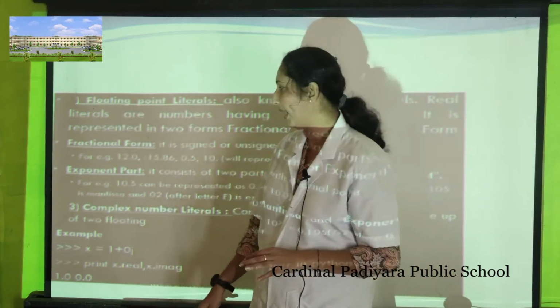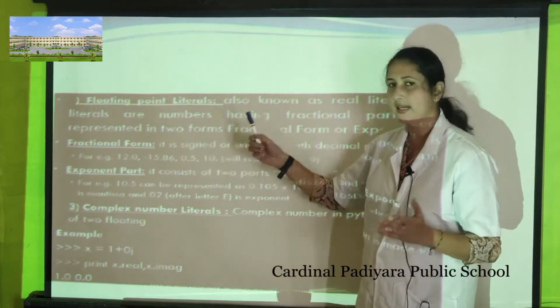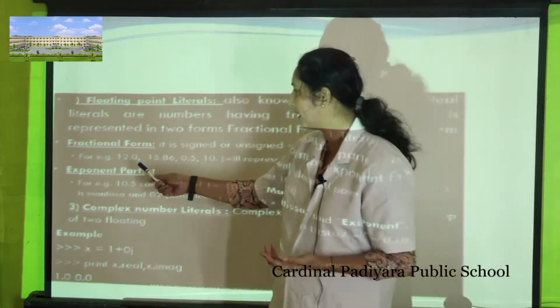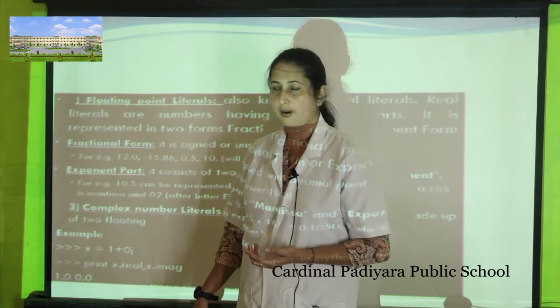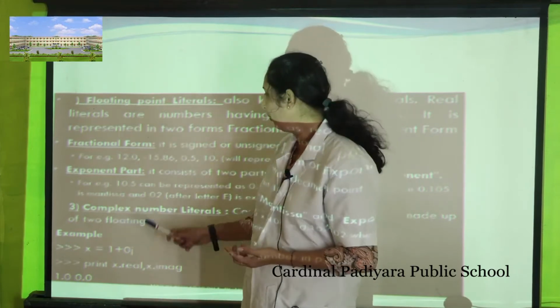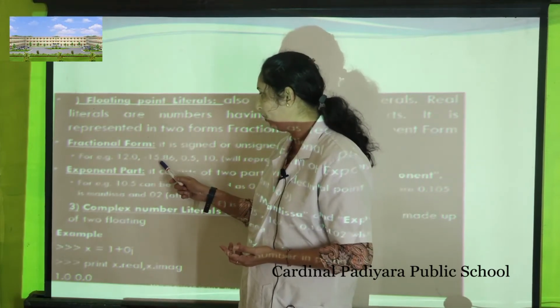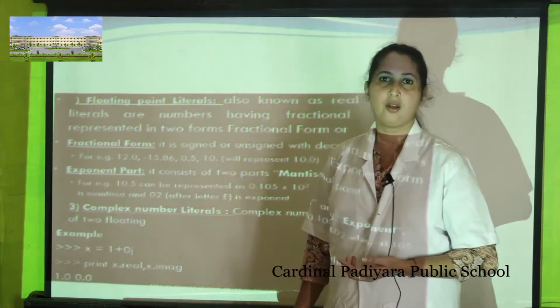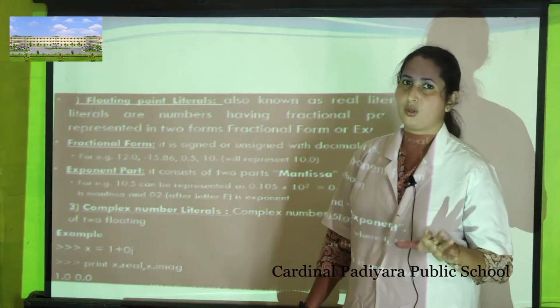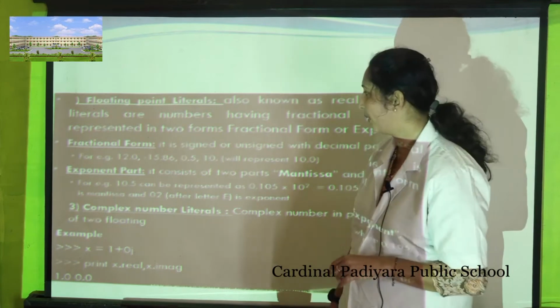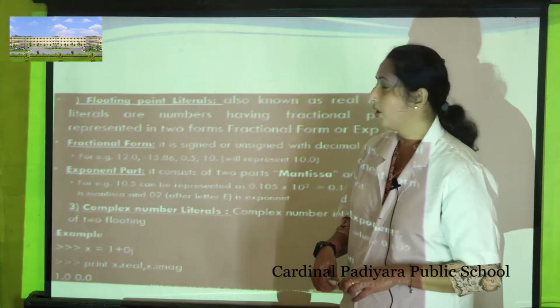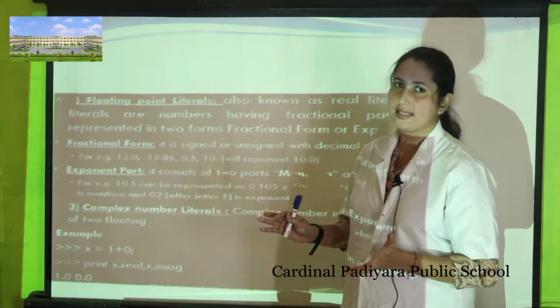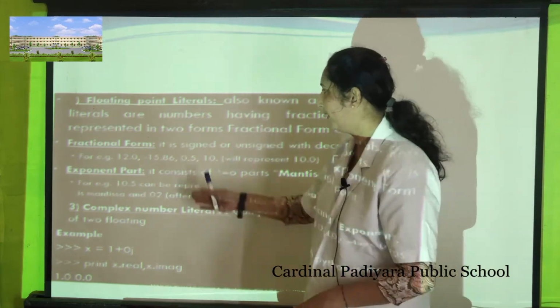Here in fractional form, positive or negative values, 12.0 is a decimal one, that is a floating point value. Then minus 15.86, a negative 15.86, is also a floating point value. Signed and unsigned combinations are possible in this case.